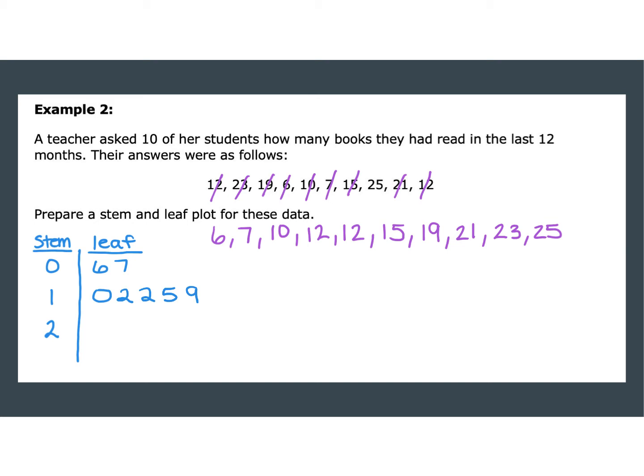My leaves for my stem of 2 would be 1 for 21, 3 for 23, and 5 for 25. Now that we've created our stem and leaf graph, we can find the mean, median, mode, and range for this set of data values.